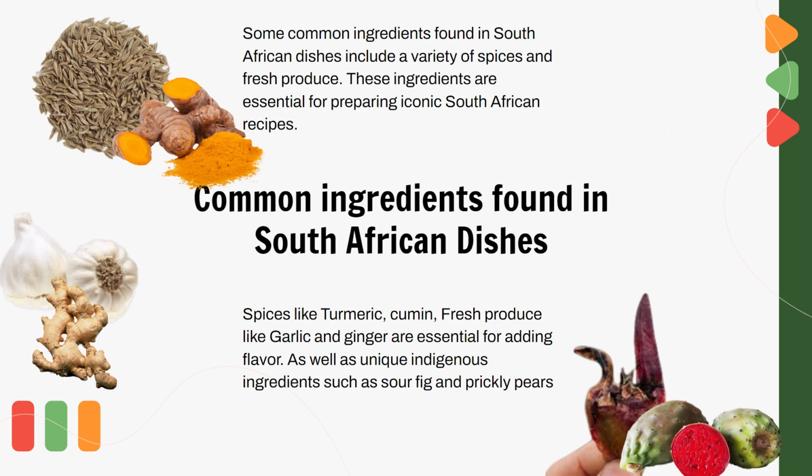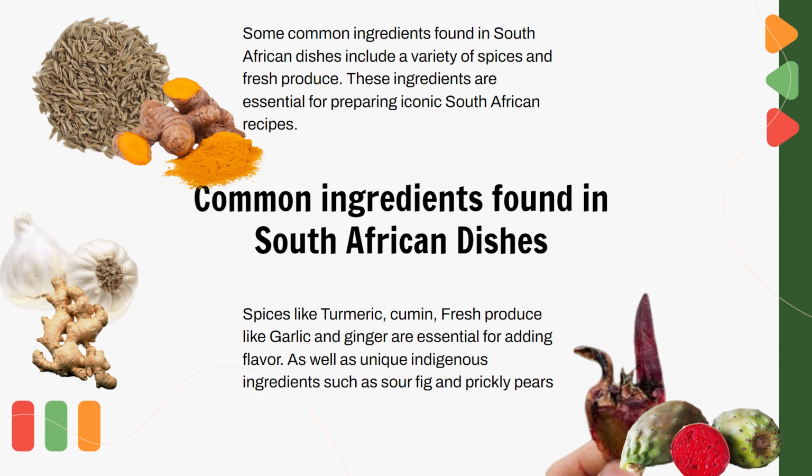Other common things you might taste in South African dishes would be spices like turmeric and coriander, and indigenous additions like marula fruit and sour fig. And of course, common in every country, garlic, ginger, onions, and a variety of other herbs to enhance the flavor.